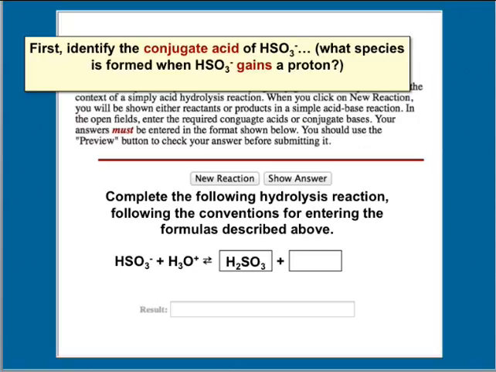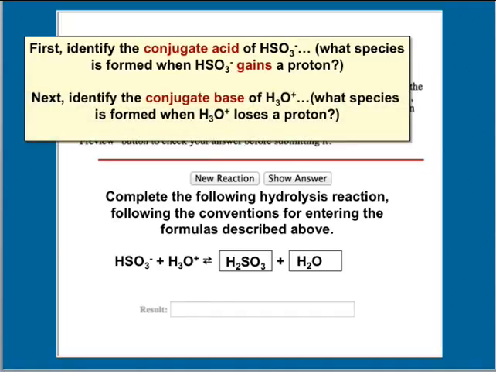And that makes it H2SO3, sulfurous acid. Over here, if hydronium loses its proton, what does it form? Water. So it's a fairly simple concept. Things that you have to remember when you're doing problems with conjugate acids and bases is that they have to be the same compound. They must only differ by a hydrogen and a charge.